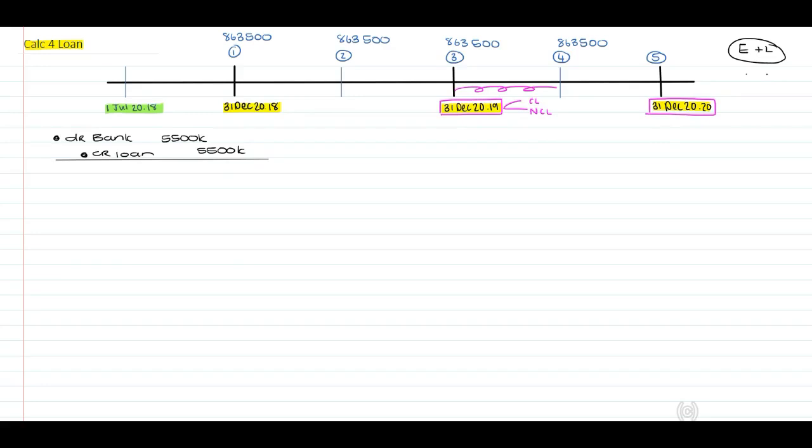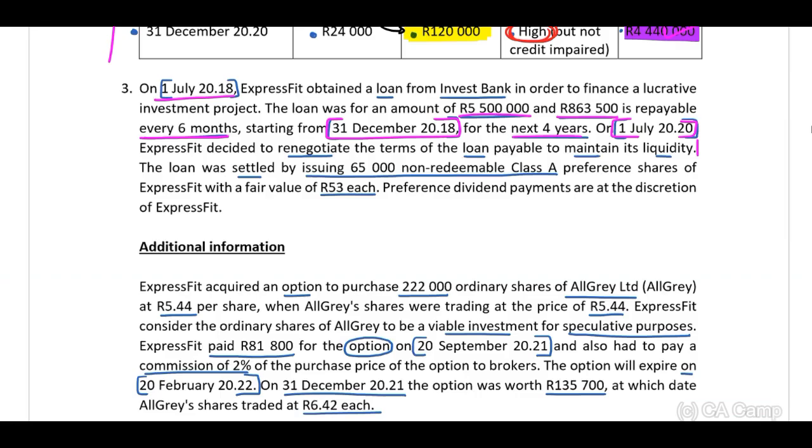We have our payments being the 863,500, but we do not know what is the interest. Therefore, we need to calculate this. We know that the payment will be the 863,500. We know that our period will be 4 years. Why the 4 years? If we refer to the scenario, they indicate to us for the next 4 years, and the payment is every 6 months, therefore twice a year.